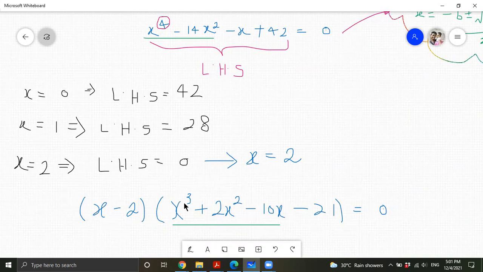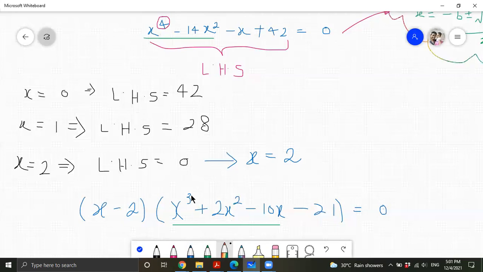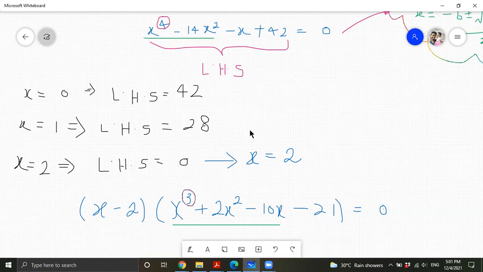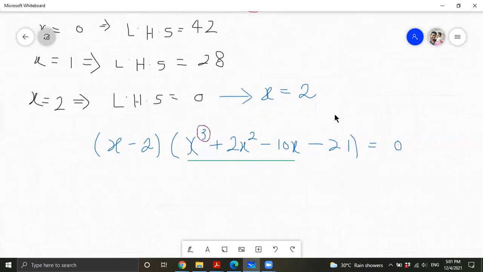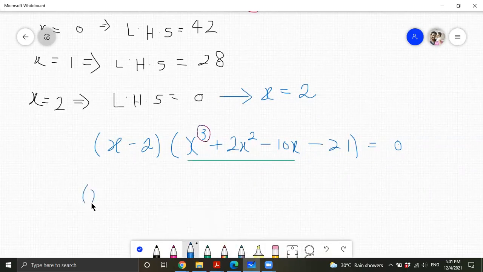But since this is x cube, we haven't made it to x squared, so we need to make it x squared. So again, we'll repeat that to make it x squared. Trust me, in the next step, we can find all the 4 solutions, right? So keep with me, guys. We are on the right way.